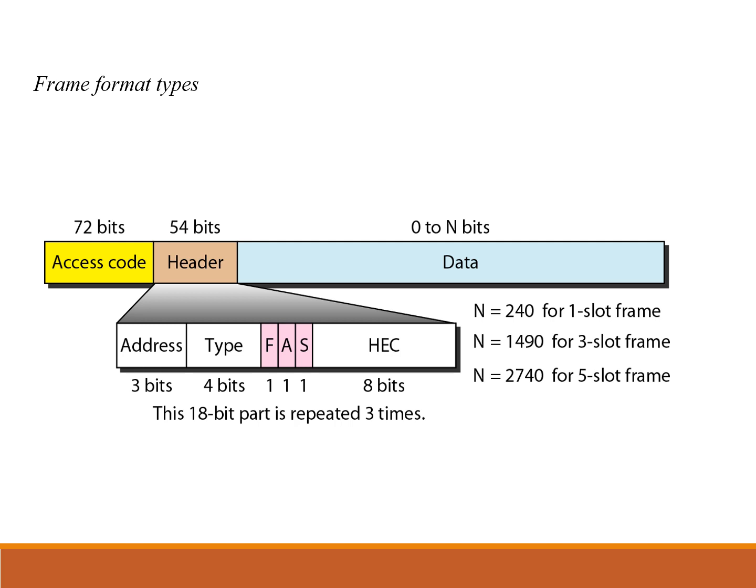So the header contains address, type, flow, acknowledgement, sequence, and checksum. The address field identifies which of the 8 active devices the frame is intended for. If the address is 0, it is used for broadcast communication from primary to secondary.